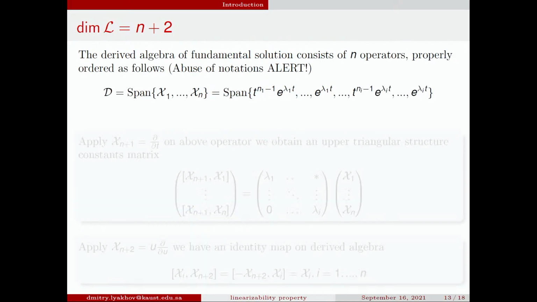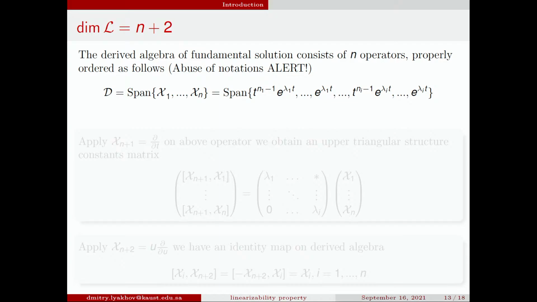Like we mentioned in the last section, in this case the abelian subalgebra is just the derived algebra, which is spanned by the operators or generators. Actually, all these generators are just the fundamental solutions of the system.